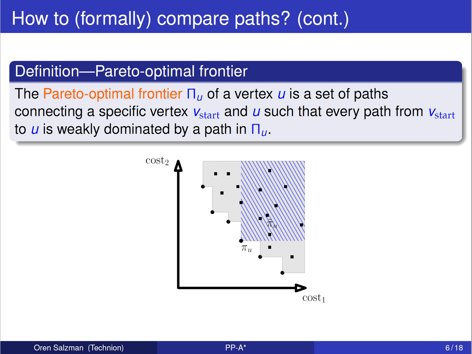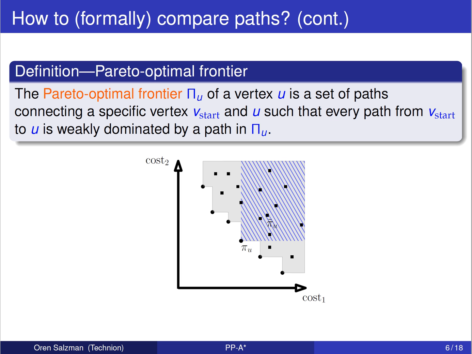Given the notion of weak dominance, we can define the so-called Pareto-optimal frontier of a certain vertex. And this is simply the set of all paths connecting a start vertex to this vertex u, such that every other path from the start to u is weakly dominated by at least one path in the Pareto-optimal frontier.